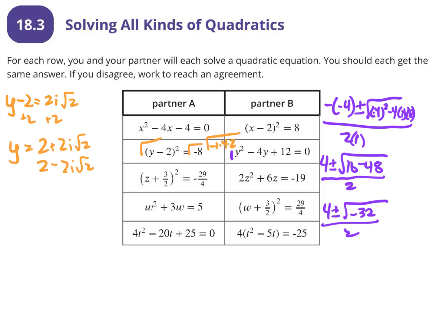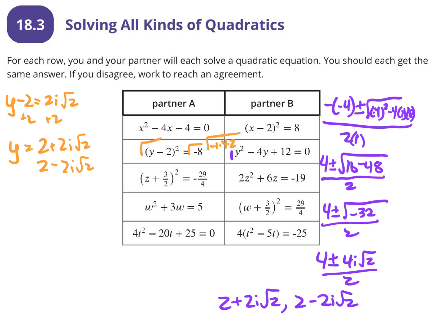Well, from the previous page, we learned that negative 32 was what? 16 times 2 is 4. So this is 4 plus or minus 4i root 2 over 2, which is, when I separate the 2's out, I get 2 plus 2i root 2, and then 2 minus 2i root 2.